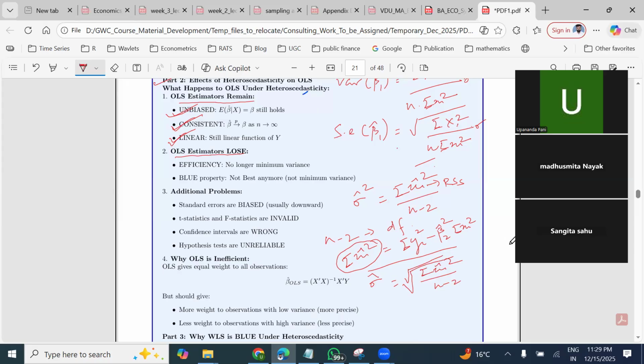Again, why is sir bringing this sigma hat also? This is also a very important summary measure. One measure I already told you, r square. In addition, sigma hat, the standard error of the regression, is also very important. So if this standard error is as low as possible, as in the example of Madhusmita and Sangeeta, step number 1, I will check the standard error of beta 1 hat and beta 2 hat.